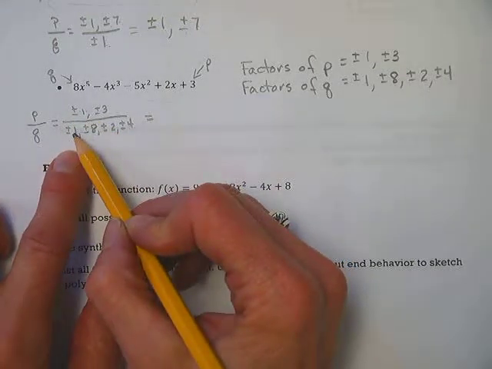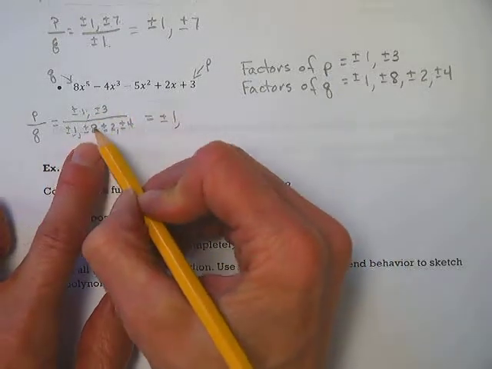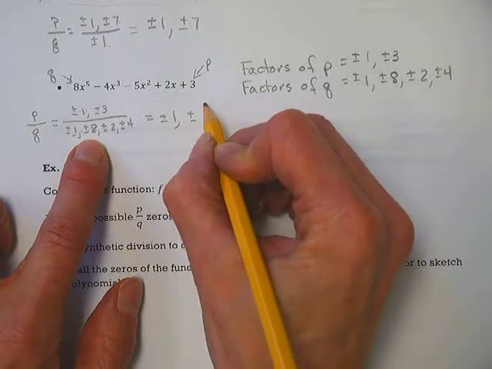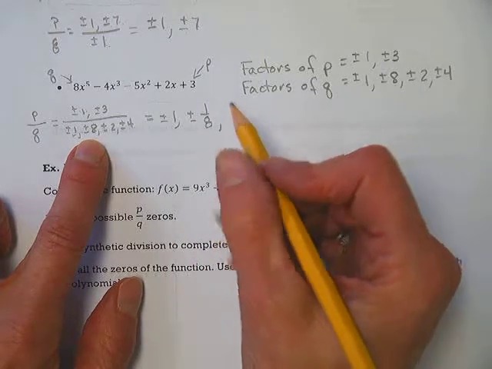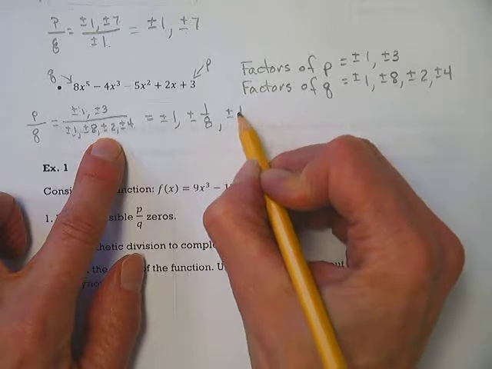Now, I take this first one and I put it over each of the ones down below. So, 1 divided by 1 is 1, so that's plus and minus 1. 1 over 8 is just 1/8, so you have to do plus and minus.